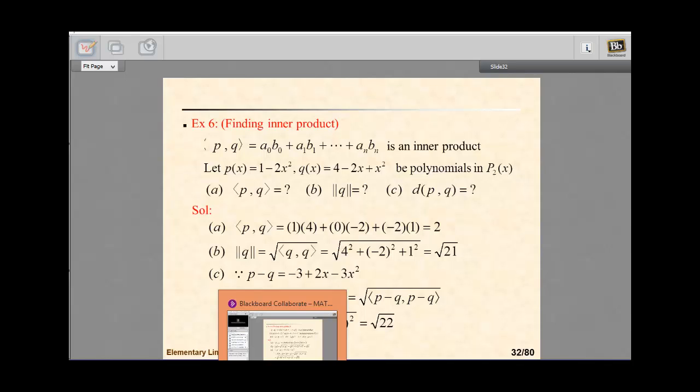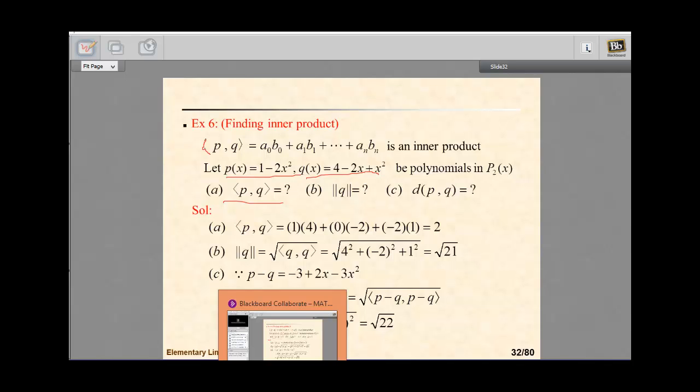So this is a question. It says that if PQ is an inner product, let P(x) and Q(x) be two polynomial functions. Find the inner product of PQ. So there are two functions, and we have to find the inner product of PQ.